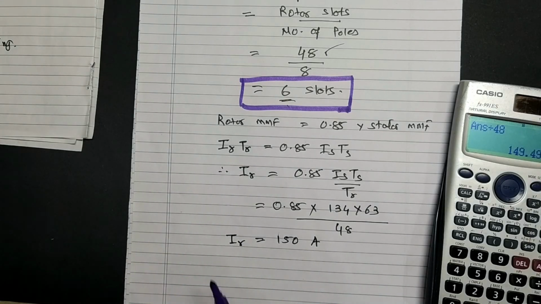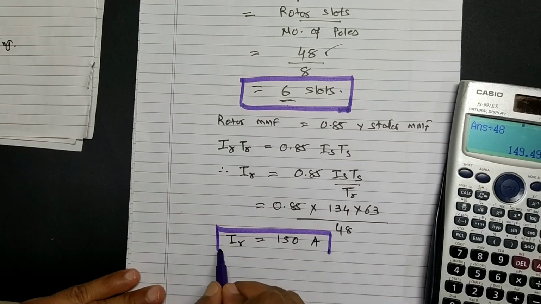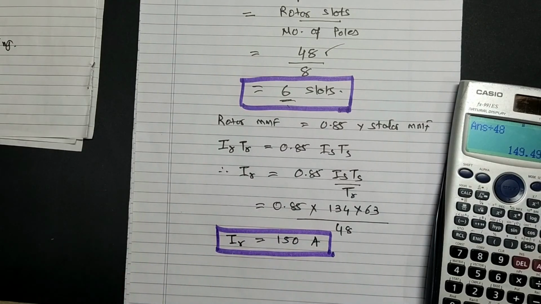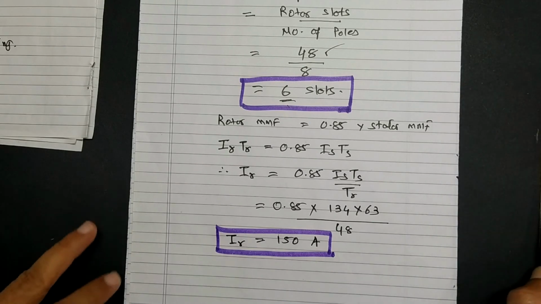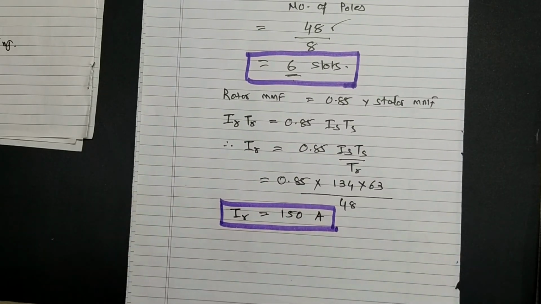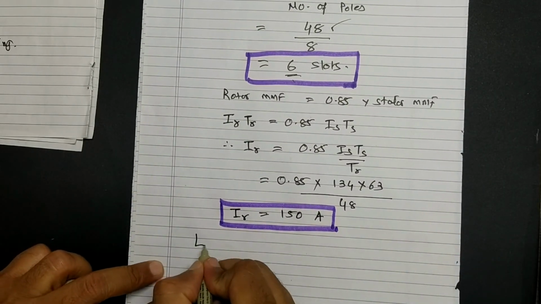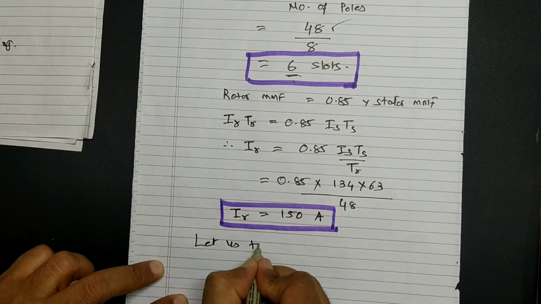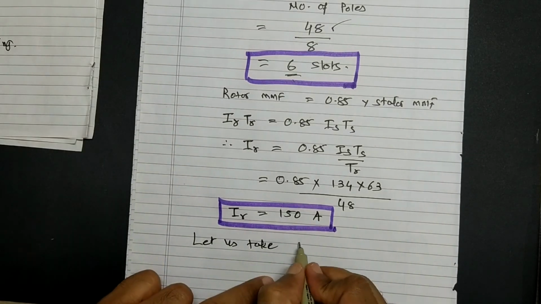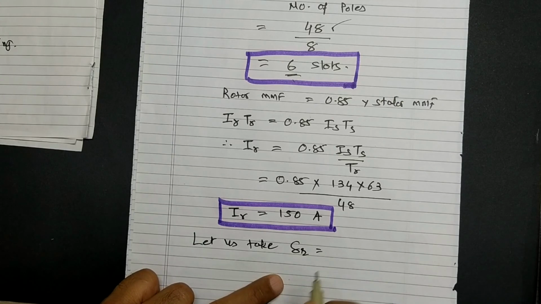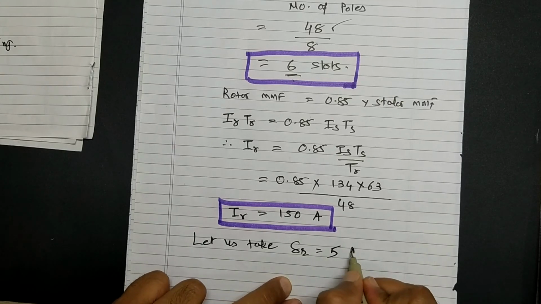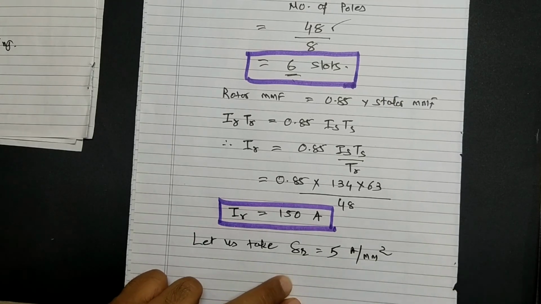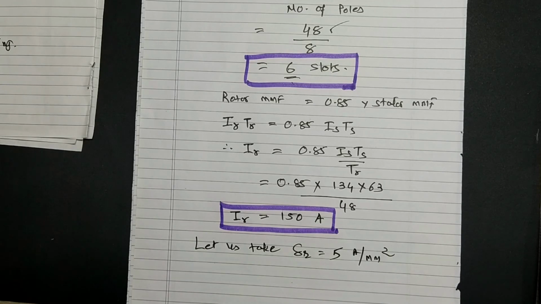Once the rotor current is available, we can easily calculate the cross-sectional area of the rotor winding. Now let us take the current density of rotor winding, suppose 5 ampere per millimeter square. We can take a current density of 3 to 5 ampere per millimeter square.